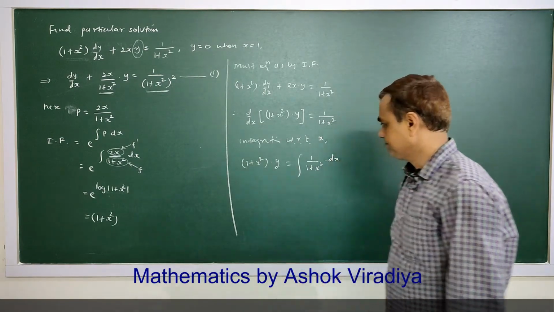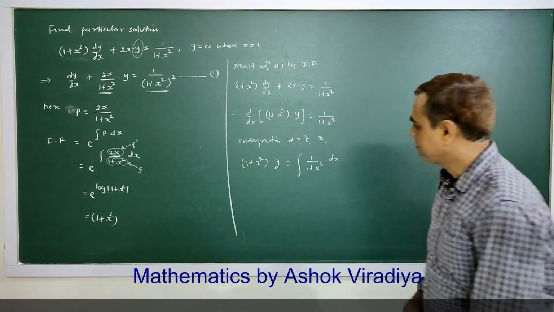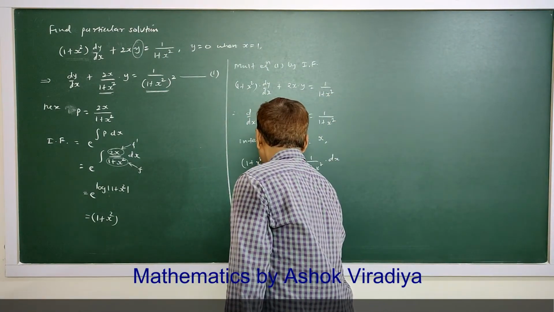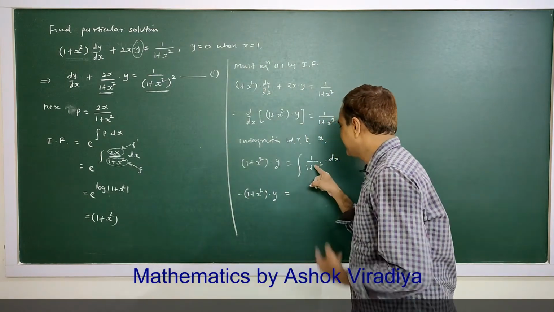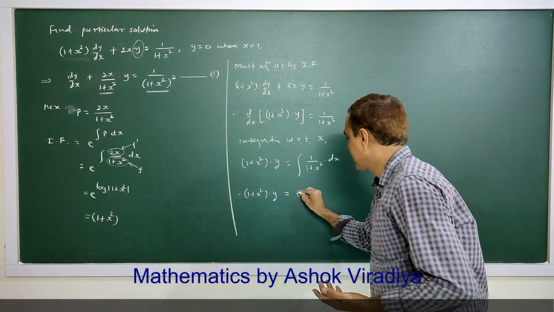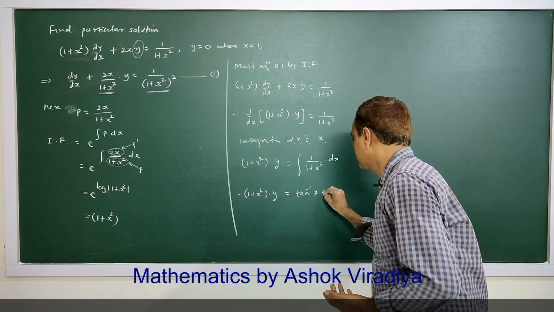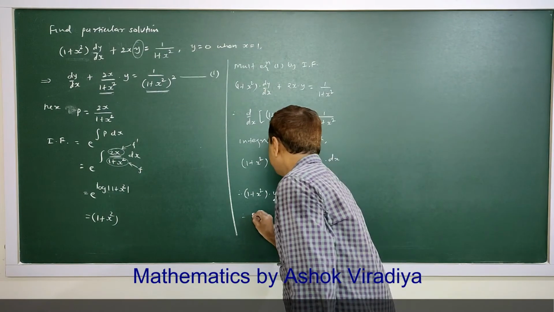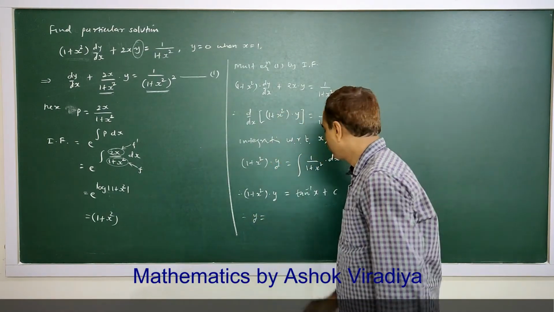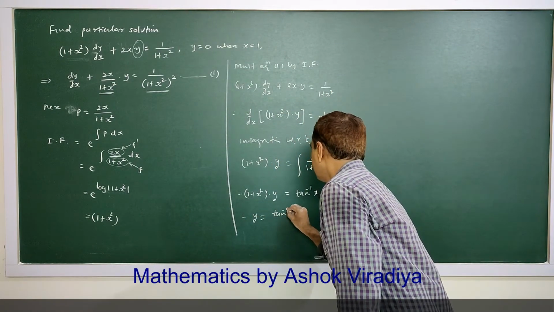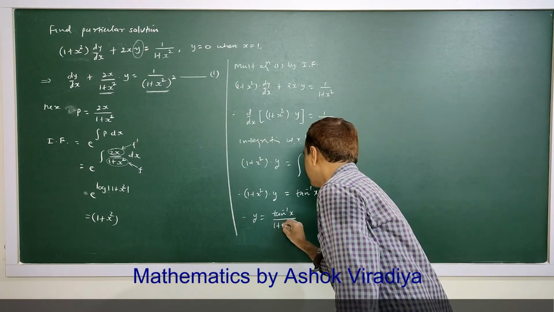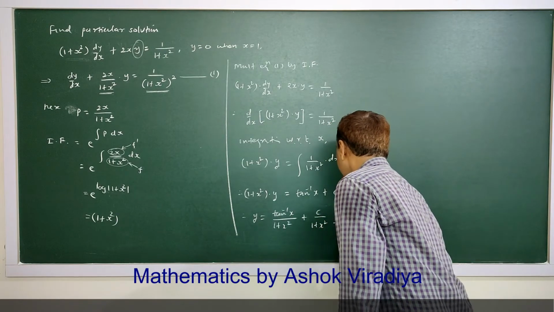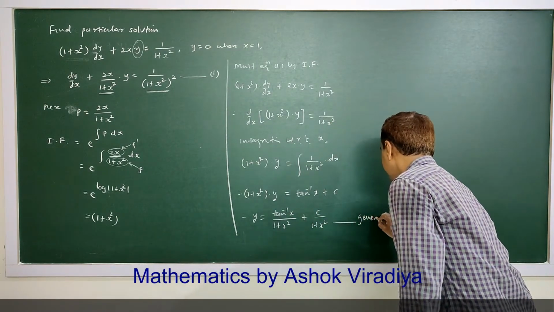So 1 plus x square into y is equal to, now its integral is simple, tan inverse x plus c. So here y can be expressed in terms of x. So y is tan inverse x upon 1 plus x square plus c upon 1 plus x square. This is the general solution.